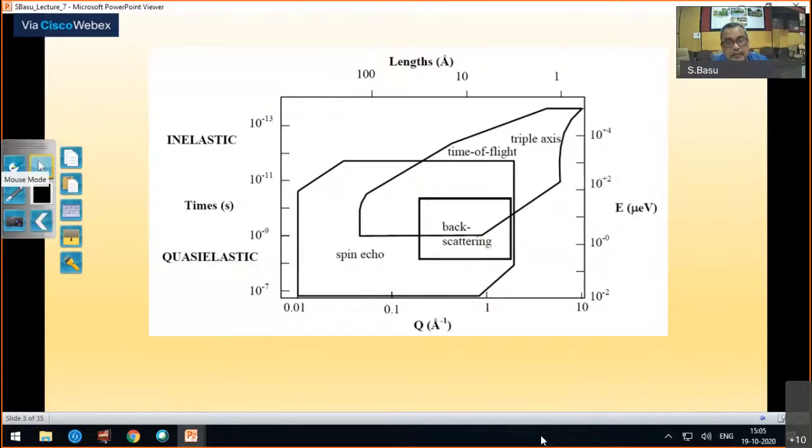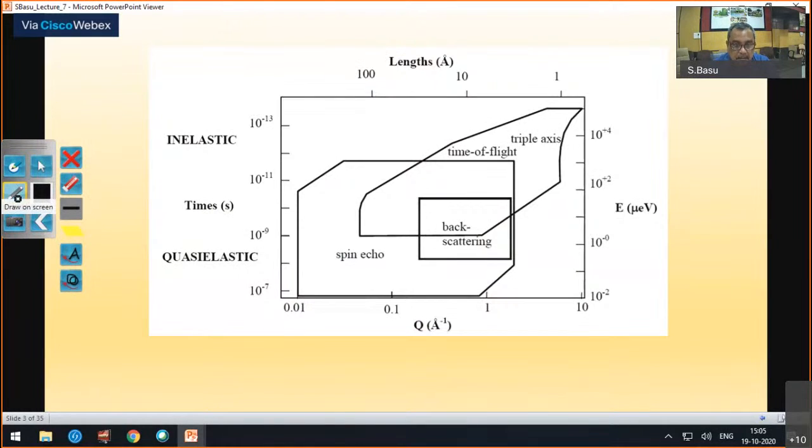I discussed this with you in the last lecture, and I'll emphasize that as you go to longer and longer length scale, we need to probe shorter and shorter Q values.